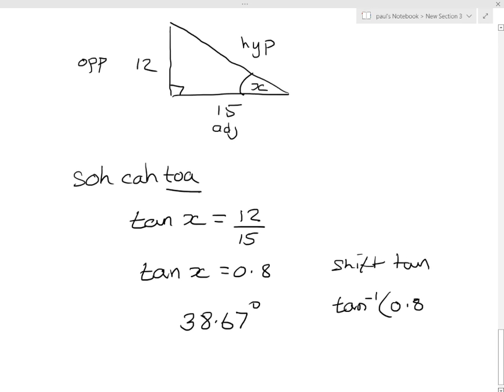Okay, one more where we'll put the angle at the top and see what happens. So let's find out that angle. So let's call that 38, and we need to find this one up here.